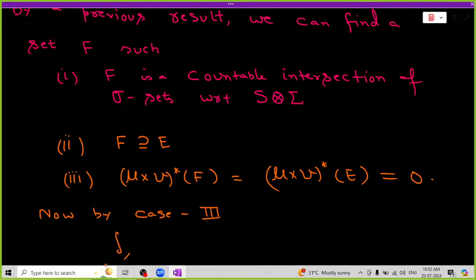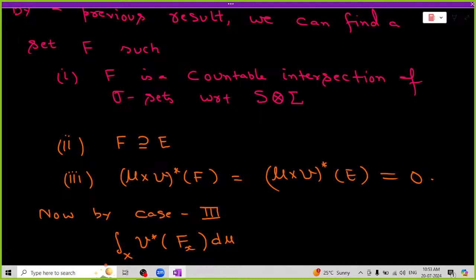now tell me, if I integrate, by the way integration is possible because F is a countable intersection of sigma sets, and for this the result is true. Now if I integrate the nu star of the x section of F, what will I get?